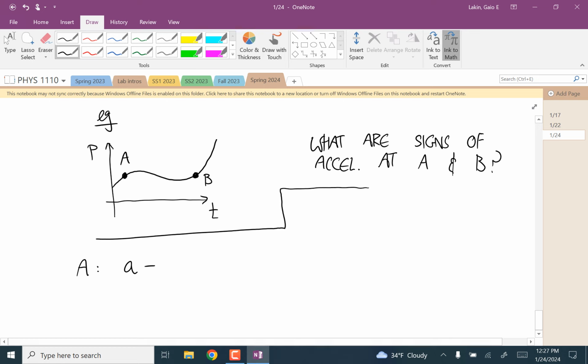But it doesn't stay concave down. Somewhere in here, it switches from being concave down to concave up, okay? And so by the time you're at B, you're on part of a concave up curve. And so at B, the acceleration of this object is positive.